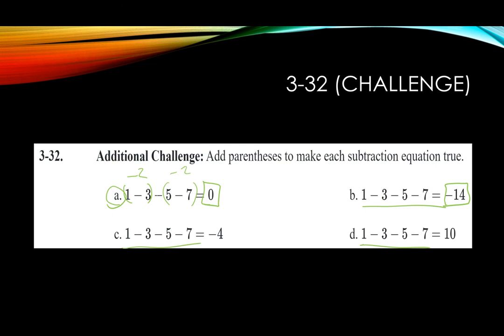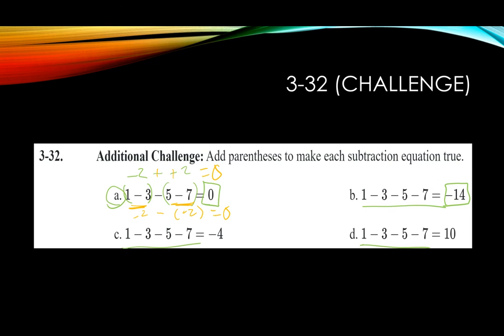But if I'm subtracting a negative, like we'd see here, that's the same thing as adding a positive. So I'm going to go ahead and switch that around. And that would give me 0. So this would work if I put parentheses here, and if I put parentheses here, because negative 2 minus negative 2 does equal 0.